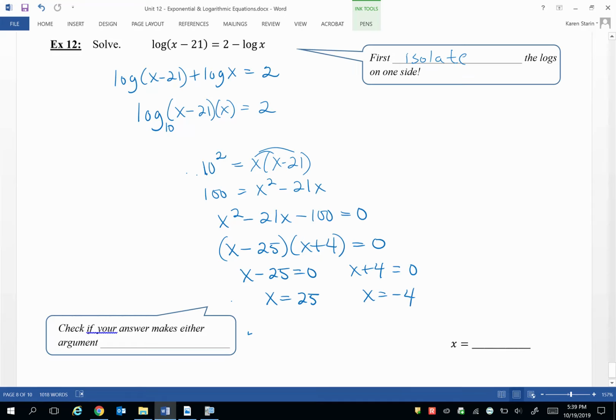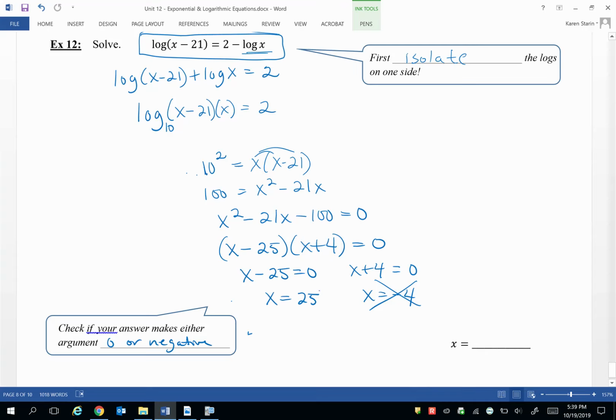So going back to the original equation, I have two arguments. If any of my solutions makes either of those arguments 0 or negative, then it's an extraneous solution. So right away, this log of x right here, x cannot be equal negative 4.